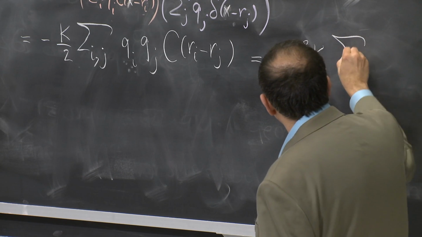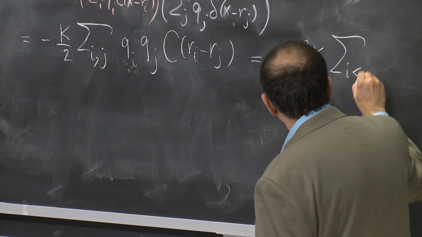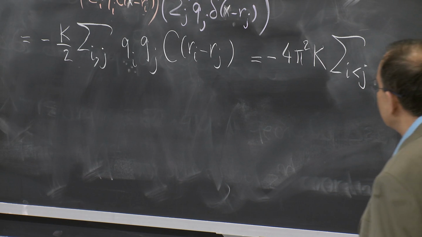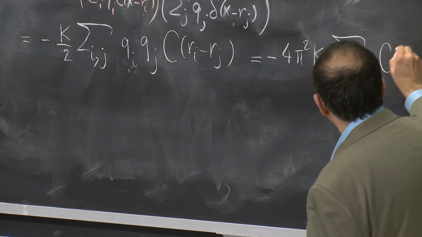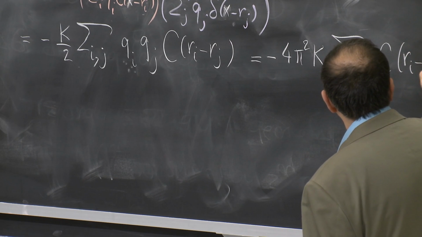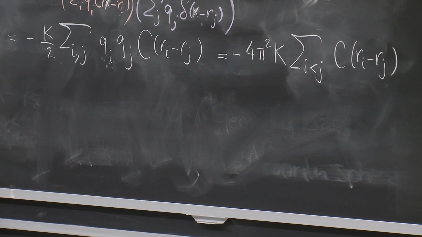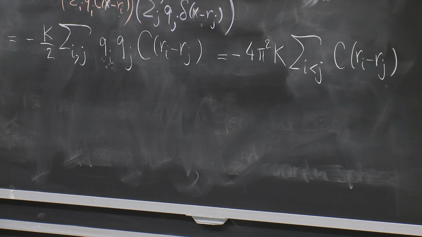So I get rid of that factor of 1/2 by essentially counting each pair only once. So I have the Coulomb interaction between Ri and Rj, which is this 1 over 2 pi log of Ri minus Rj with some cutoff.